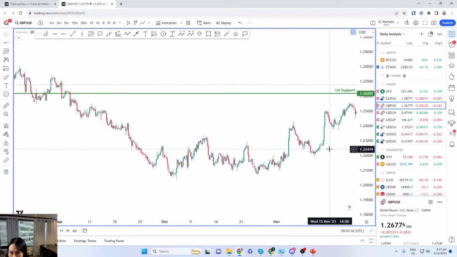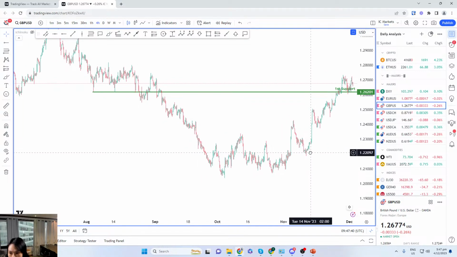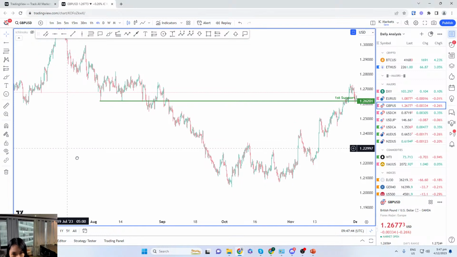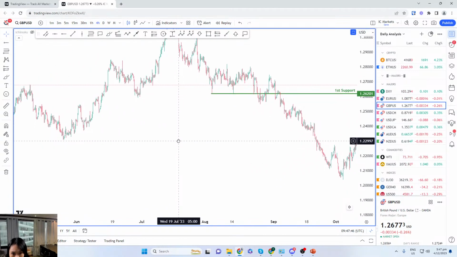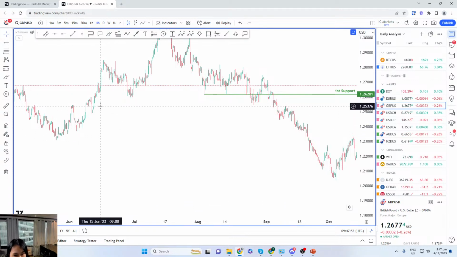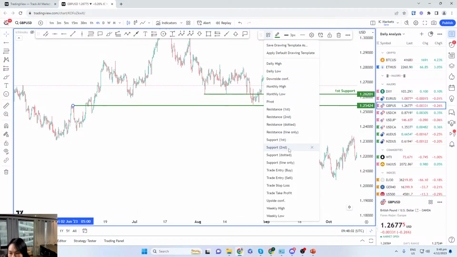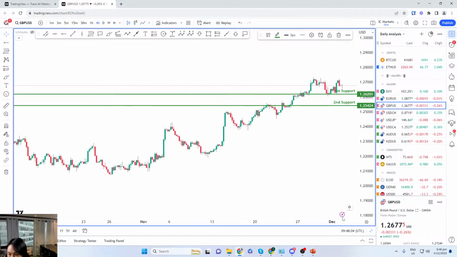I will just make it a little smaller so I can find the second support. Give me a second. See if there's any swing high or swing low levels. I'm gonna take this as my second support.